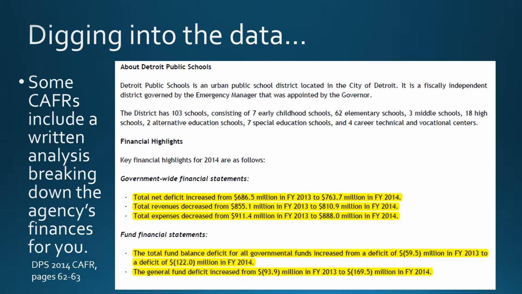But if you look at the overall deficit of all government funds, which includes like the school cafeteria and the athletics funds and some other funds that are not tied to general operating funds of the government agency, they show that the overall deficit went from $60 million to 122 million. So it really shows you here that the general fund deficit in Detroit Public Schools is what's driving its overall deficits.